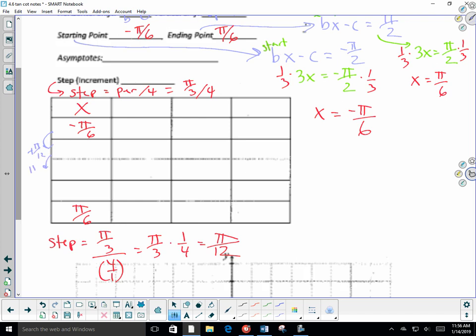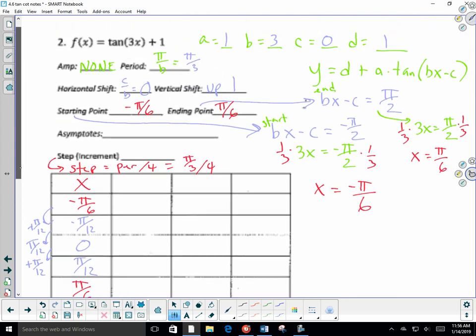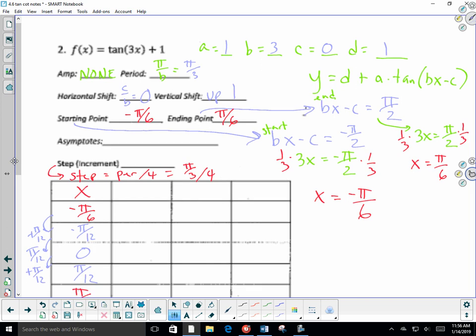Keep adding pi over 12, add pi over 12, and so on. So this is going to give me negative pi over 12, that's going to get me to 0, that's going to get me to positive pi over 12, and then that'll get me to pi over 6.